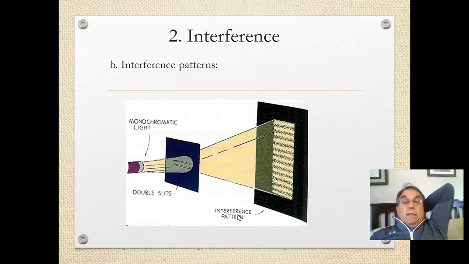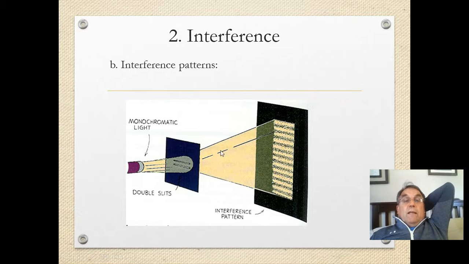This can be seen with monochromatic light, like a laser beam shown through a double slit. There's diffraction here, and then the diffraction patterns interfere with each other, and the resulting interference, you get constructive interference where you have bright light, and then dark would be the destructive interference, constructive, destructive, constructive, destructive.